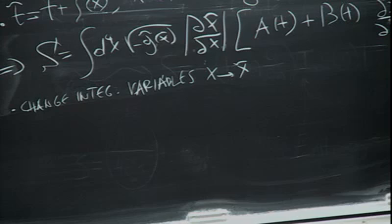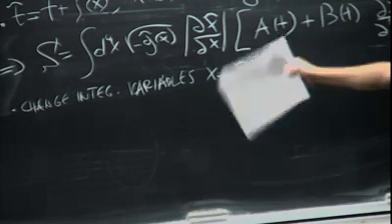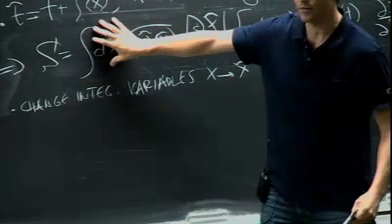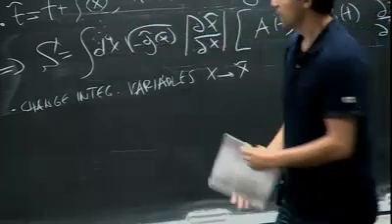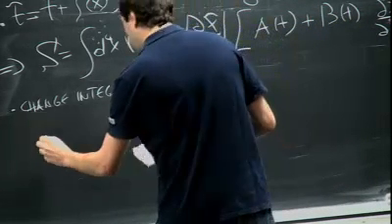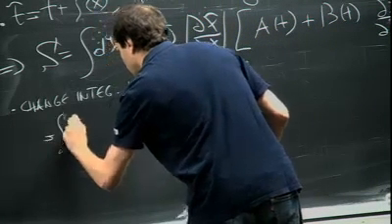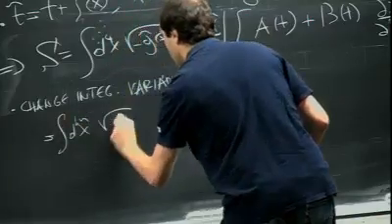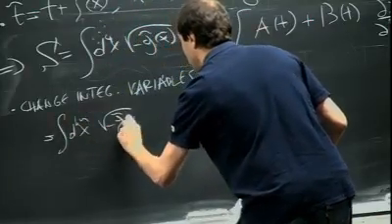Perfect. And now we change integration variable to x tilde. You see that the Jacobian can simply be absorbed here. So the action becomes the integral d4x tilde square root of minus g tilde of x tilde.